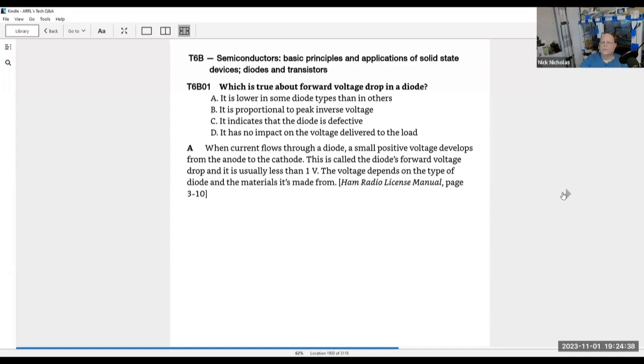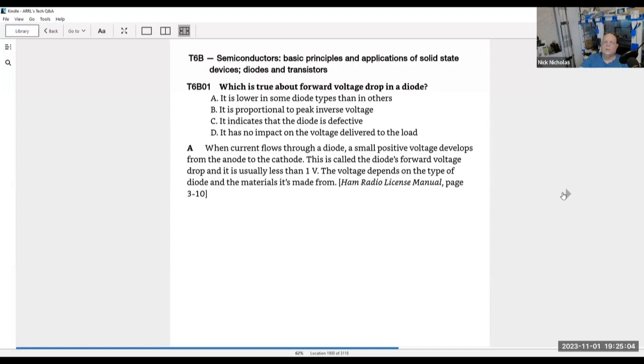So, which is true? Well, A, it's lower in some diode types than others. That's correct. Because the germanium diode has a 0.3 volt barrier. Takes 0.3 volts before it will start to conduct.